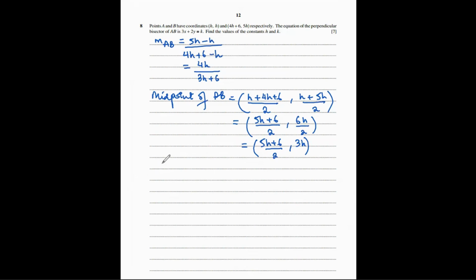So now we can create the equation y minus 3h equals 4h over 3h.